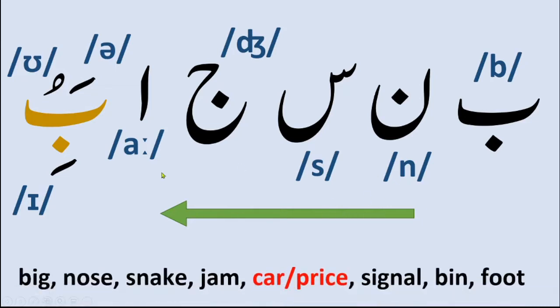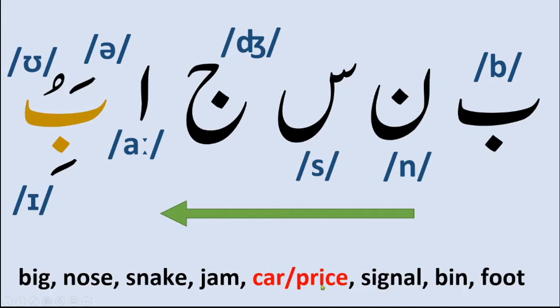Now let's look at these examples of English words. So, B, big, N, nose, S, snake, J, jam. A, similar to A in car, and very similar to the beginning part of that I sound in price.